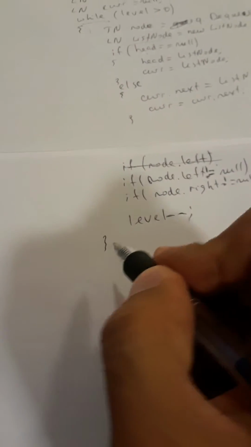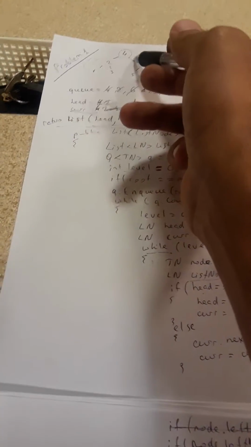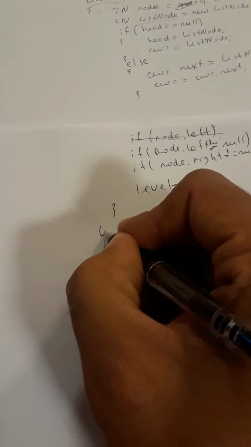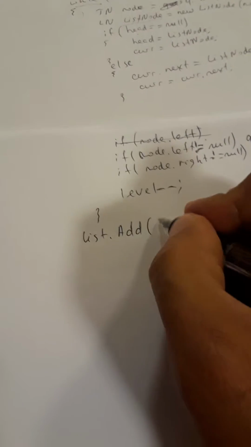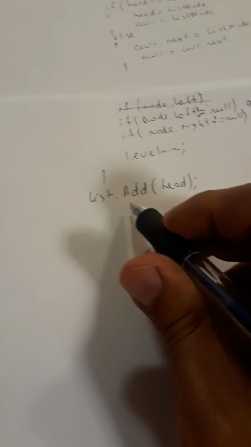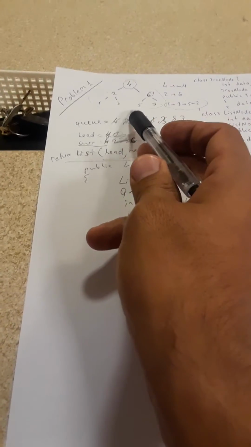When we are done with this while loop, meaning that we've already defined one linked list from one depth of our tree, we will add the head pointer of that linked list into our list, and we will be doing it with each depth of our tree.